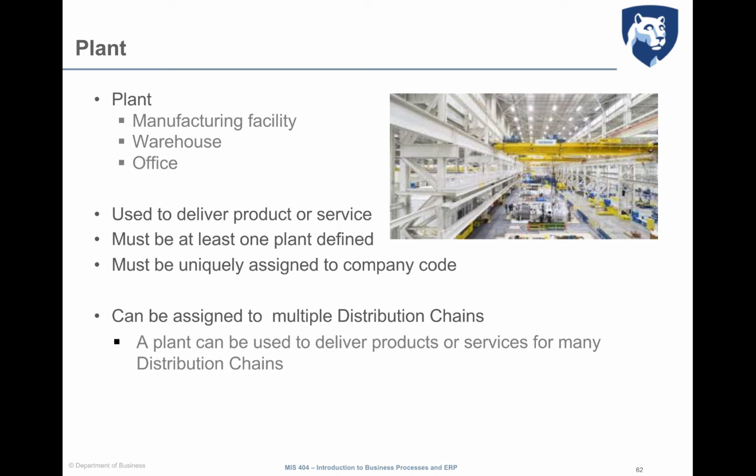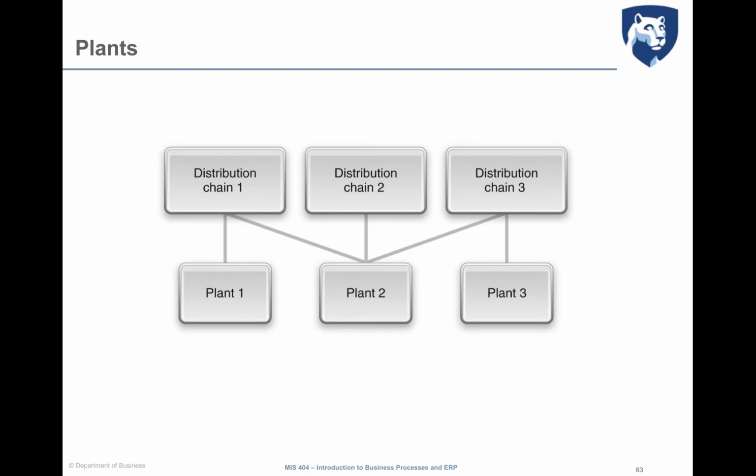Here there is also the concept of customer, but generally speaking, there are certain plant characteristics that are associated with some type of distribution chain. And of course, in order to conclude the fulfillment process, at least one plant needs to be assigned to each distribution chain. Otherwise, we don't have the arrival point.